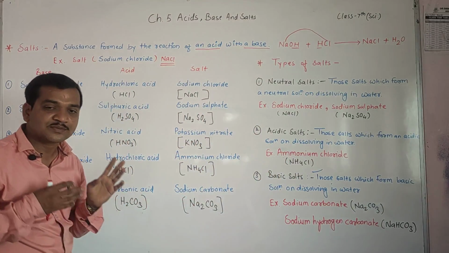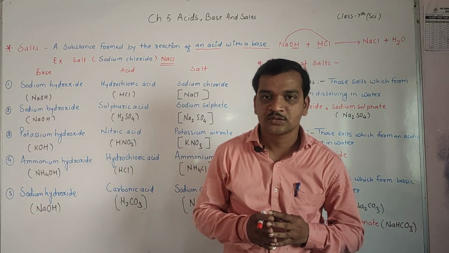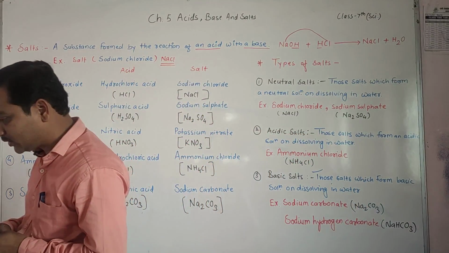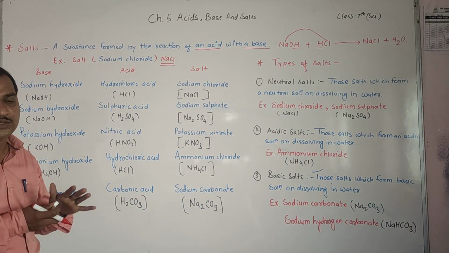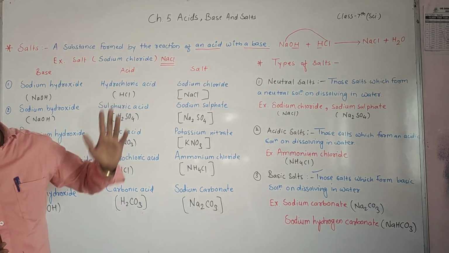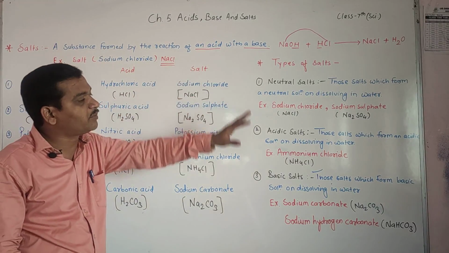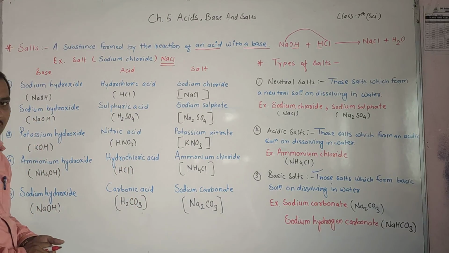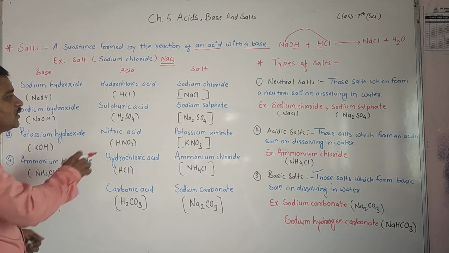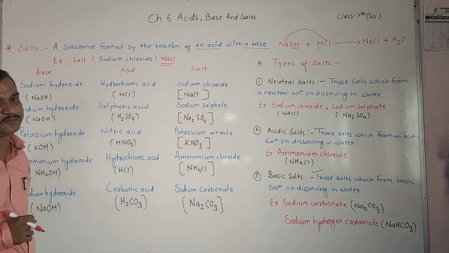Like this, various kinds of salts are there. Various different types of salts are there, students. For example, salts derived from hydrochloric acid. Salts of hydrochloric acid are also called chlorides.